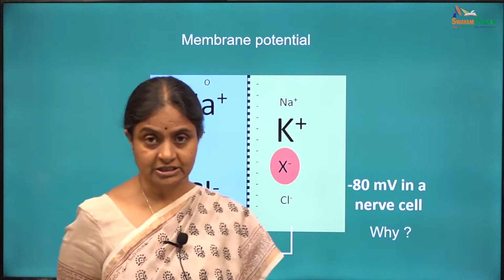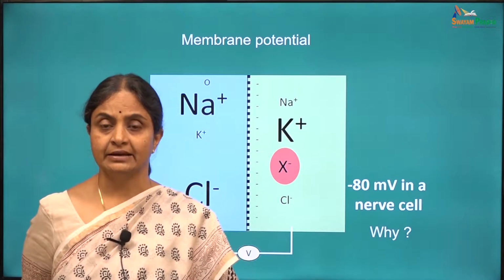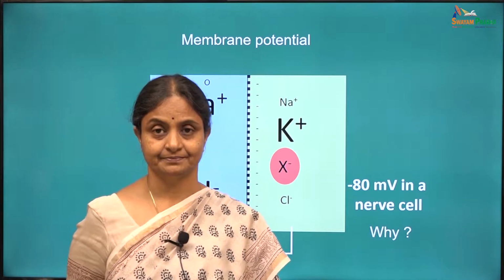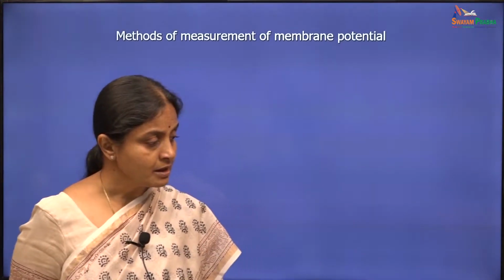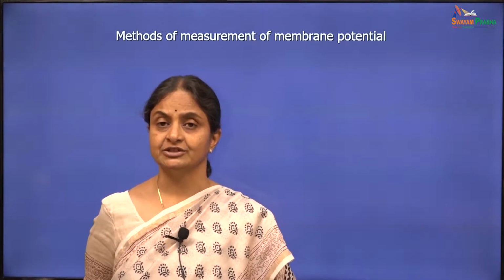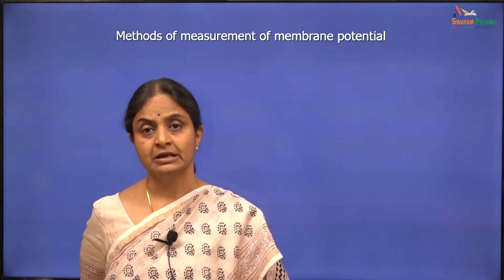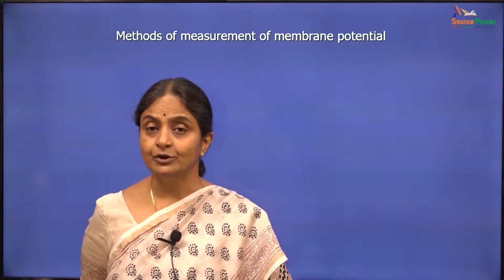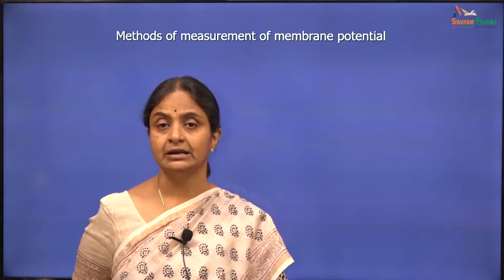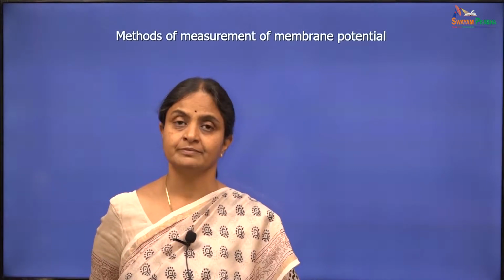Before answering this question, let us understand how membrane potential is actually measured. I have come across some unconventional methods of measurement of membrane potential, like putting a fluorescent dye within the cell, and the dye will fluoresce with different colors at different voltages.